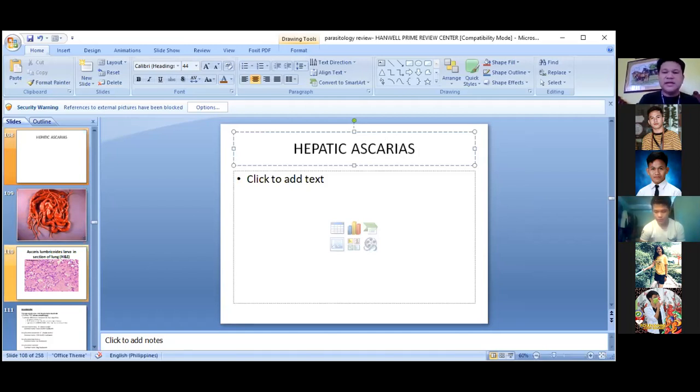There is obstruction of your Ascaris lumbricoides filariform larva in your biliary duct. Again, in which case, the person becomes jaundiced. Naintindihan? So, jaundice siya kasi hepatic ascariasis. So, magkakaroon ng jaundice yung tao. And jaundice means yellowish.